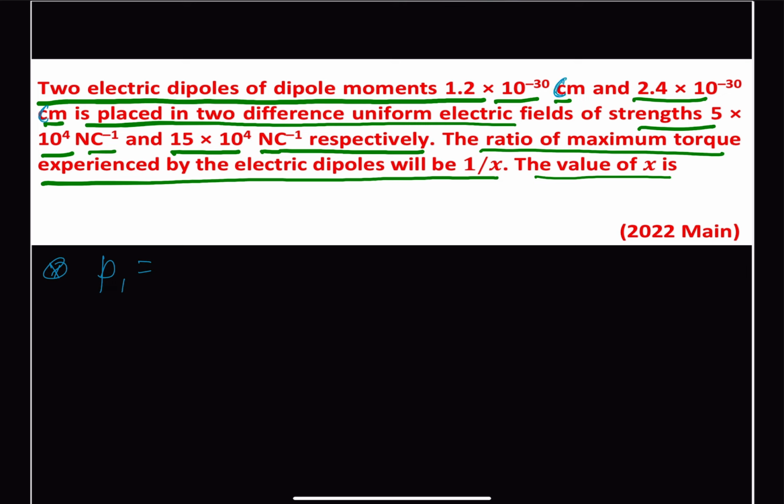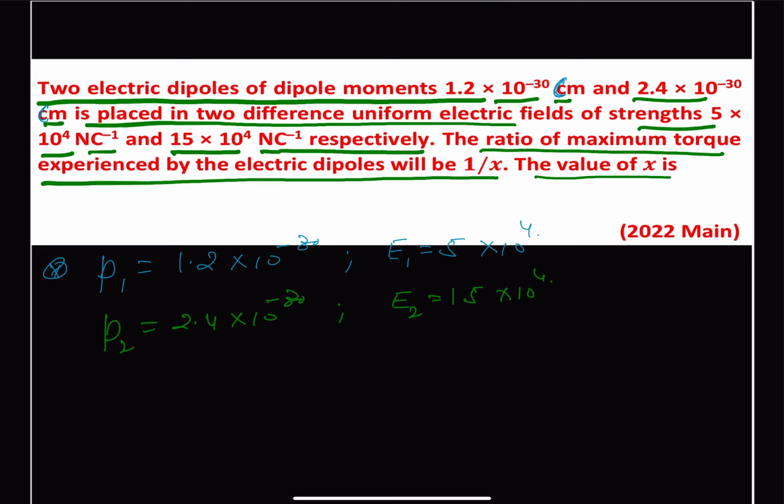So it will be 1.2 into 10 to the power minus 30, and the electric field, let us suppose, E1 is given as 5 into 10 to the power 4. Similarly, for the second one, P2 is 2.4 into 10 to the power minus 30, and we have E2 equal to 15 into 10 to the power 4.